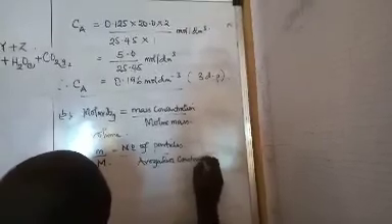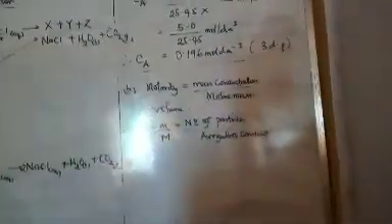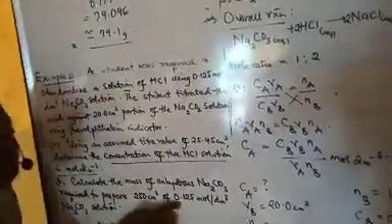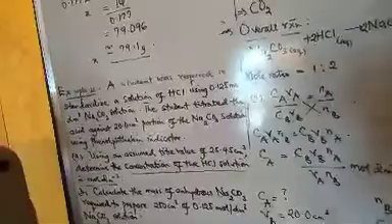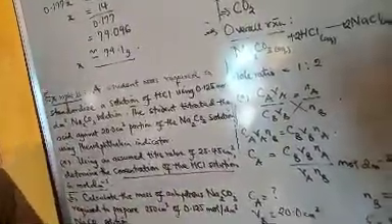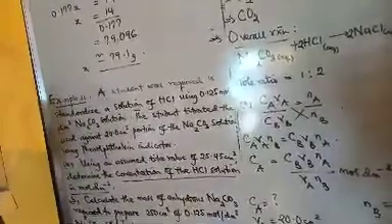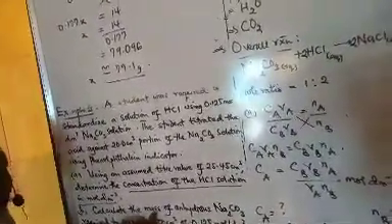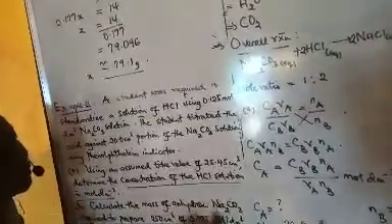That's your L. This is concentration C, 0.125 mole per dm cube. This is the volume of the concentration. Then you are asked to find the mass, so that is the unknown here. Then you look for the molar mass.